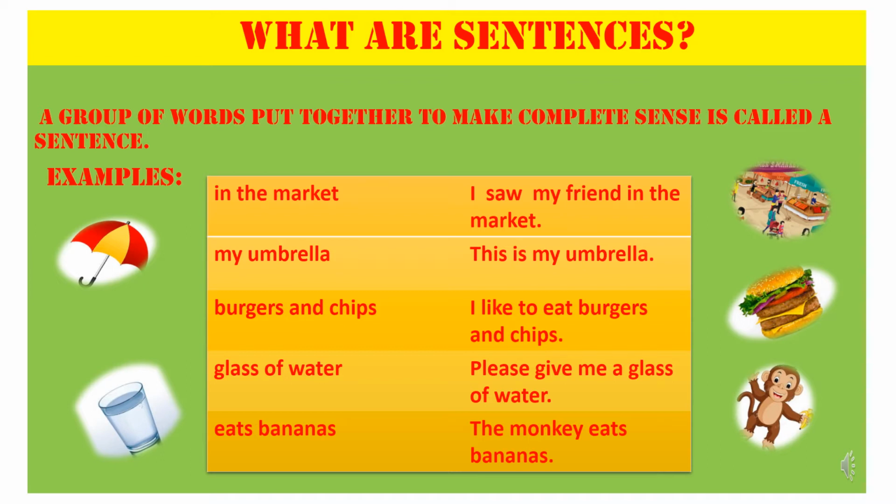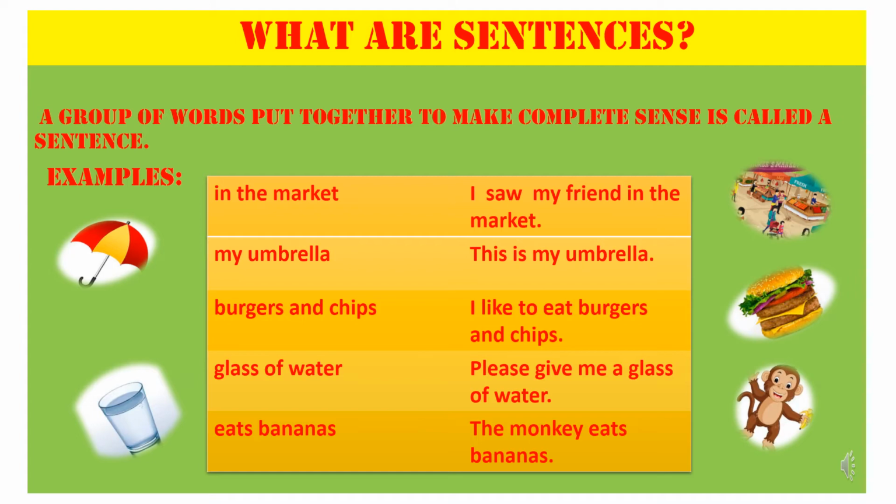Now, what do you understand by complete sense, or what I mean to say by complete sense, children? I will explain to you with the help of these examples given over here. See, look at this box that I've made. Here I have written in the market. Now, if I say, okay, Rohit in the market, then you are going to wonder, in the market?